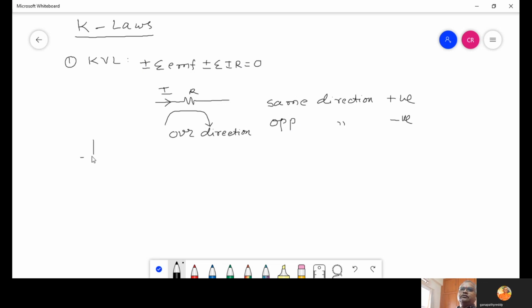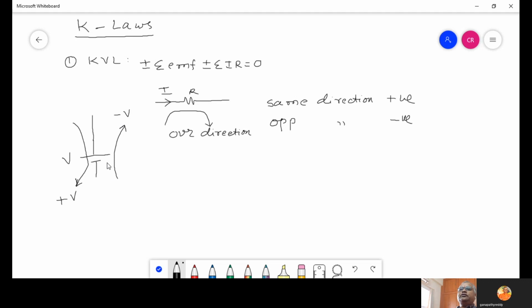But if it is a voltage source, if this is our direction, we are going from minus to plus. Take negative. If you go like this, positive.